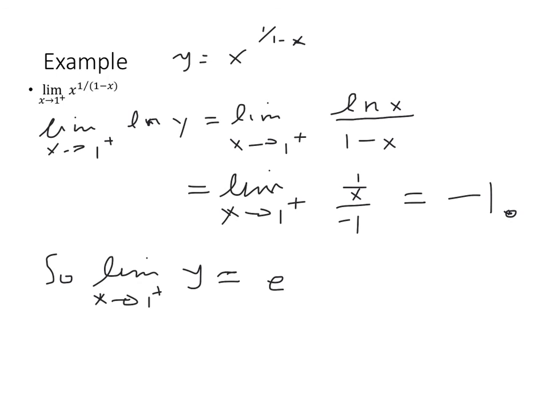So that's going to be e to the minus 1, which you can either leave like that or you can write it as 1 over e. And therefore 1 over e is the value of this limit.